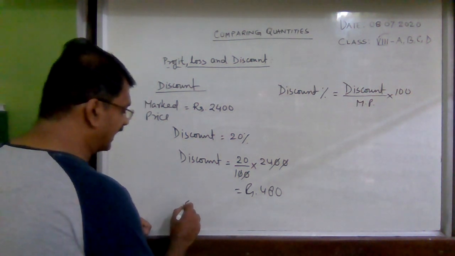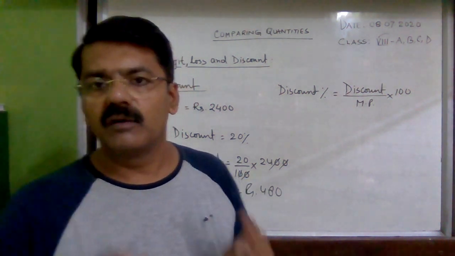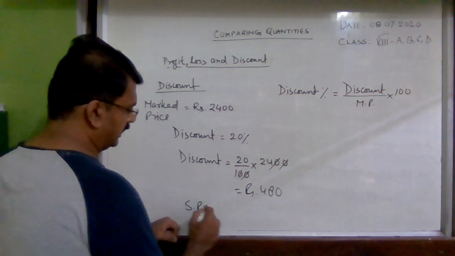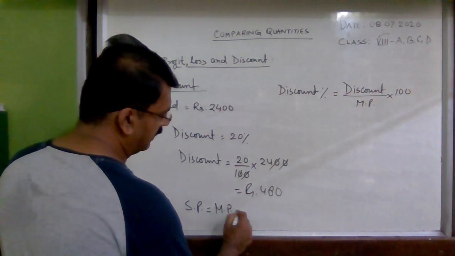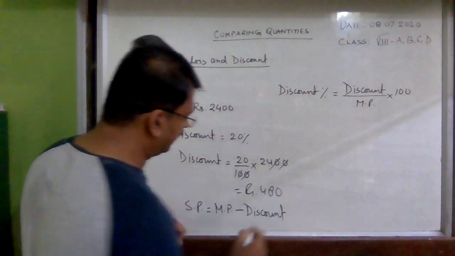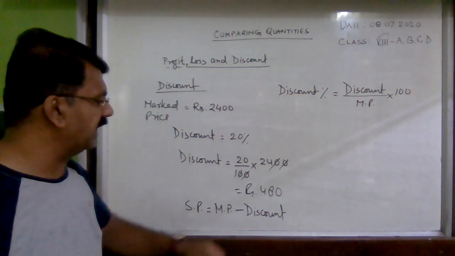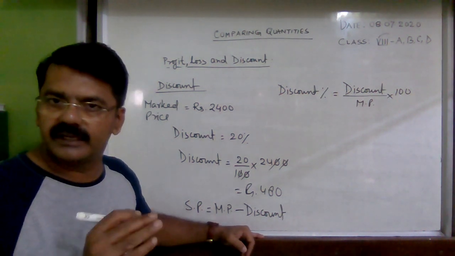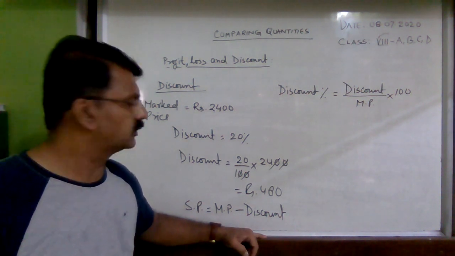Now what will be the selling price of that shoe? Means the money that you have to pay for that pair of shoes. So the selling price will be marked price minus discount. Whatever price is marked on the box, from that the discount or the rebate is subtracted, and the remaining money you have to pay to the shopkeeper.